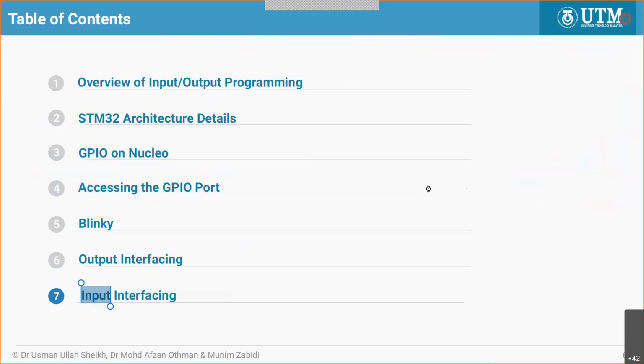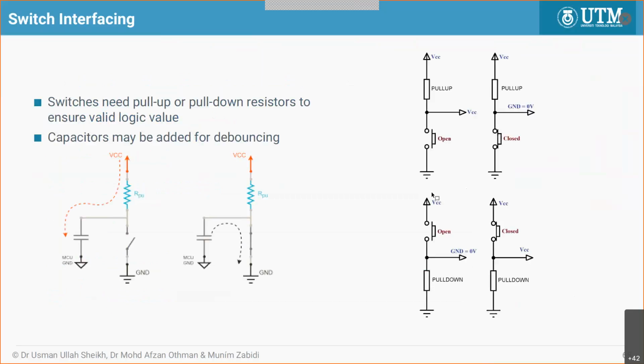Okay, so for input, the techniques are slightly different because now you have switches. For switches, you need to have a pull up or pull down resistor to ensure a valid logic value. And you may need to have capacitors. For one switch, like the one on your Nucleo board, you can afford to put capacitors, but capacitors take space on the board, so you may not be able to do that all the time.